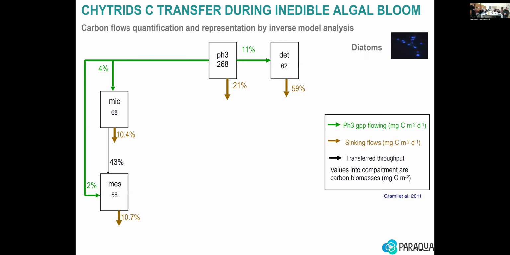What we observe is that when there is a bloom of large phytoplankton, there is quite a lot of organic matter that is directly lost by sinking, and it also contributes to the detritus pool and then sinks again.